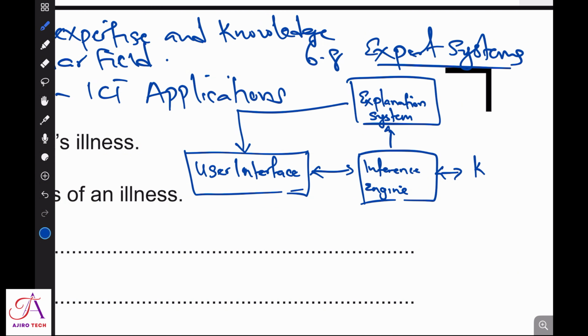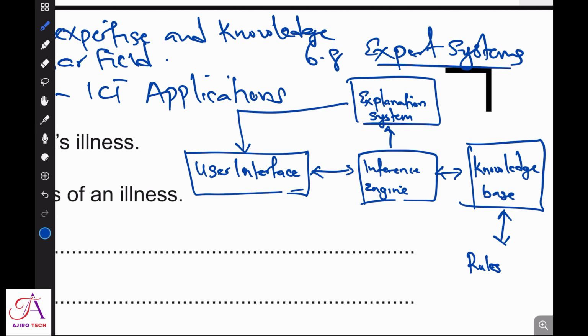And we have the rule base, and this goes from here down to here. So this is literally the diagram, and how it goes.